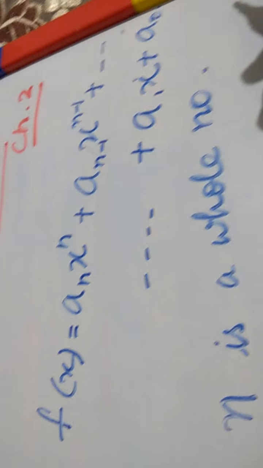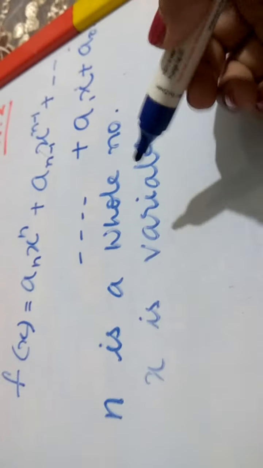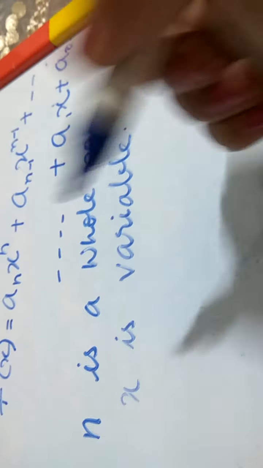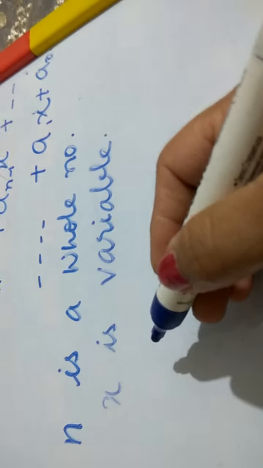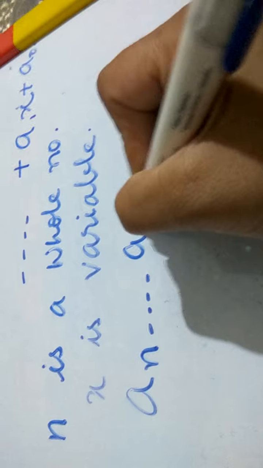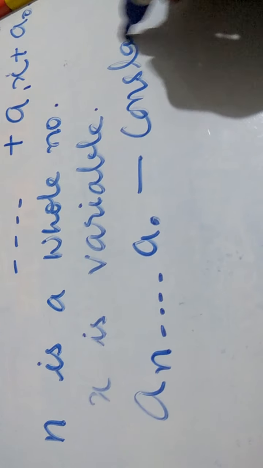And the next thing is, x is a variable, the unknown. n is its power, which has to be a whole number. So n cannot be negative or n cannot be a fraction. And what are a_(n-1) up to a0? All these are the constants.